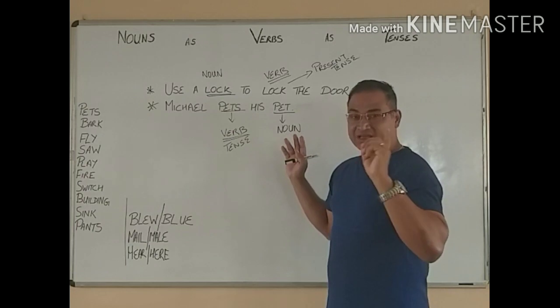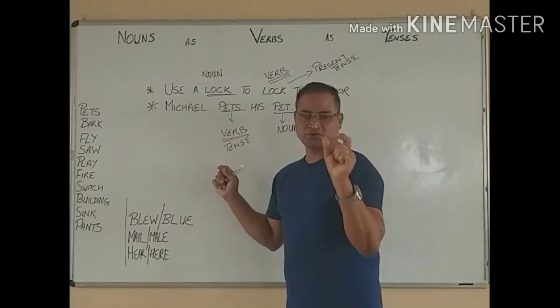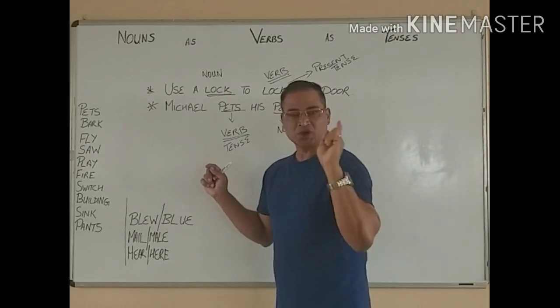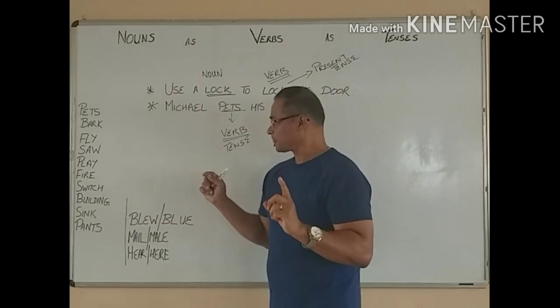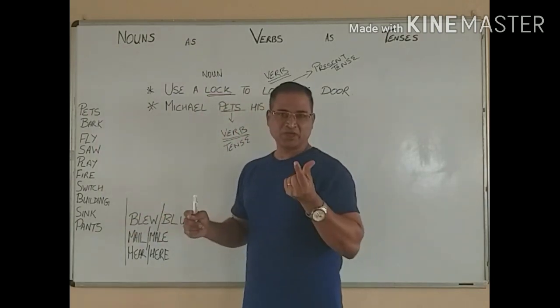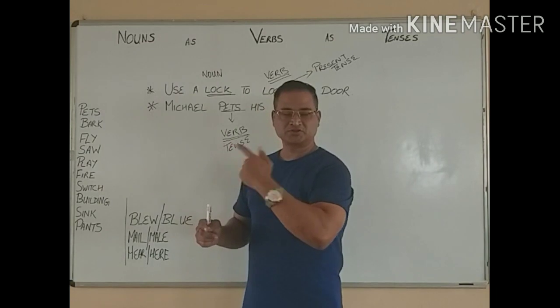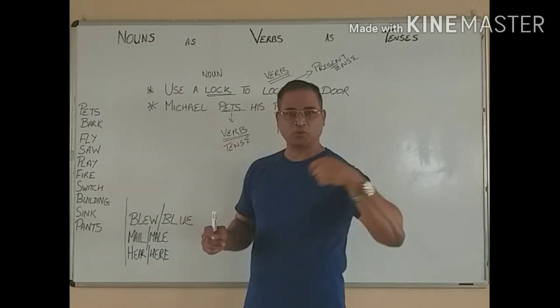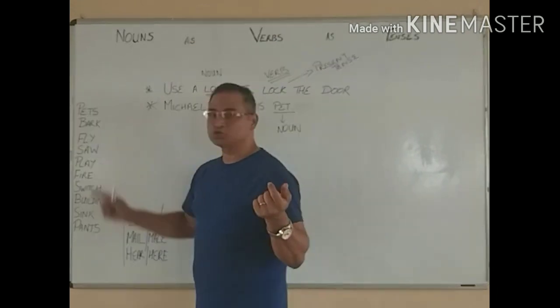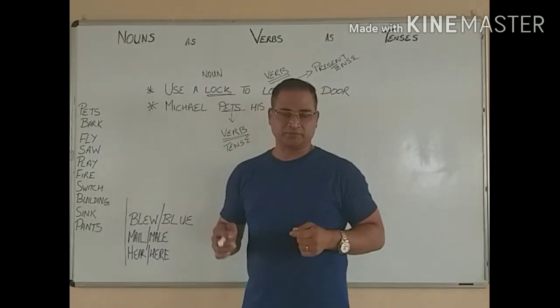And mind you, it's the placement of the verbs which will identify each part of speech. Okay, so if I say fly, fly is an insect. At the same time, plane flies. So the action being done, and one is an insect. If I say saw, saw is an instrument, a tool for a carpenter.